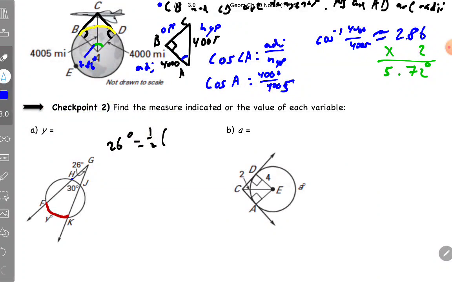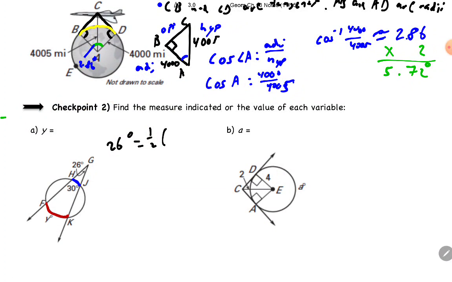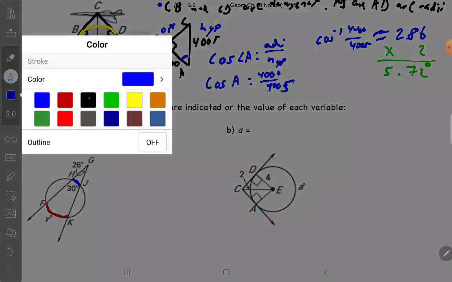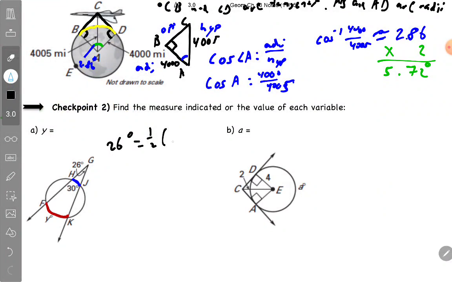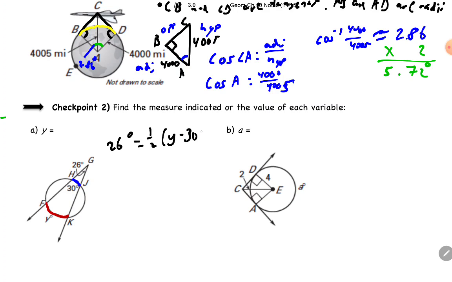Another way to think of it is the big arc minus the small arc. So y minus 30. I'm going to double both sides to get rid of the half. So 26 times 2 is 52 equals y minus 30. So y equals 82 degrees.